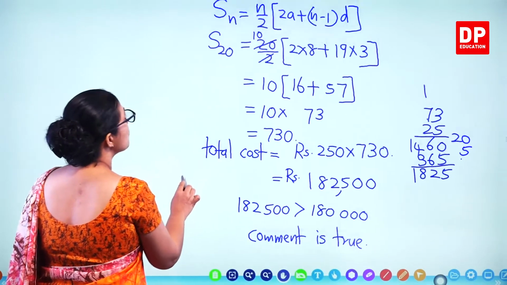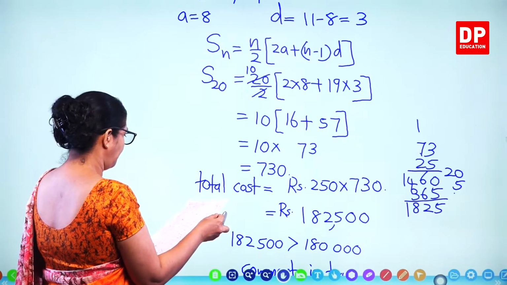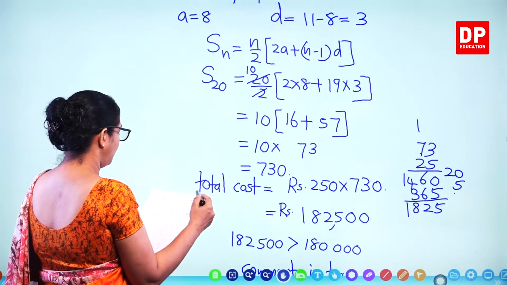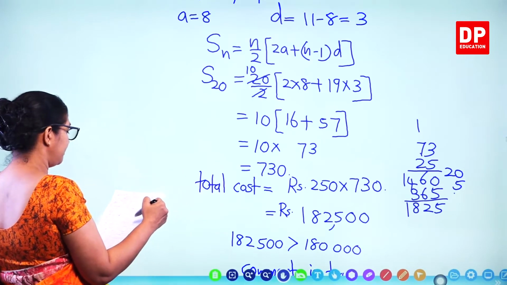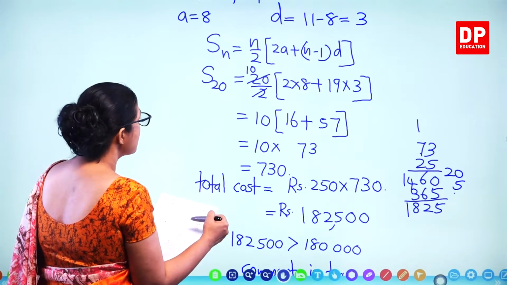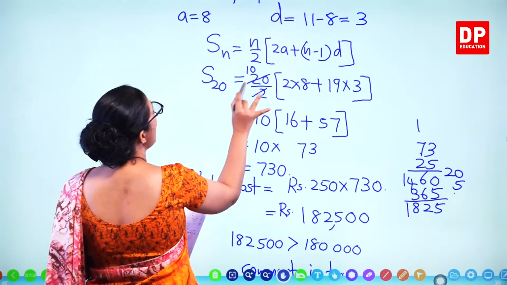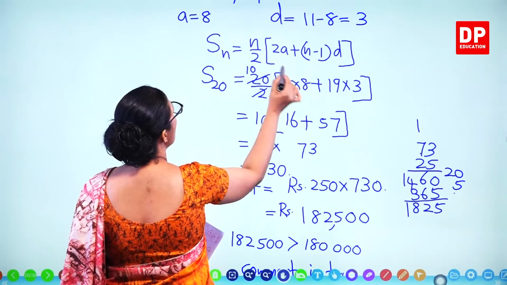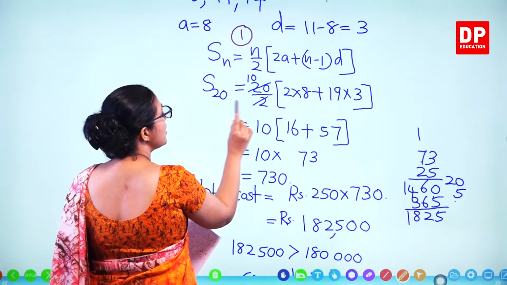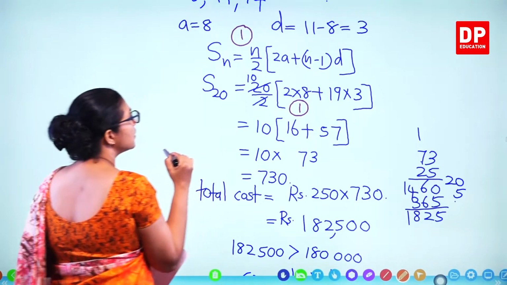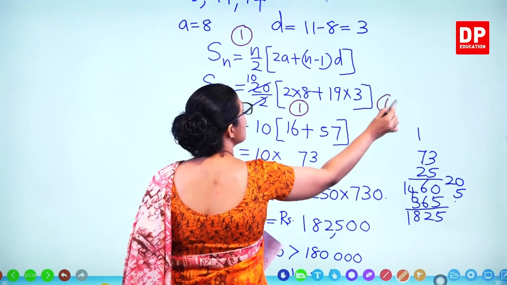How many marks for this one? So you are getting 7 marks for that. 7 marks. So we'll divide 7 marks here. So identify A and D, 1 mark, and applying S20, 1 mark, and here proper value substitution, 1 mark.